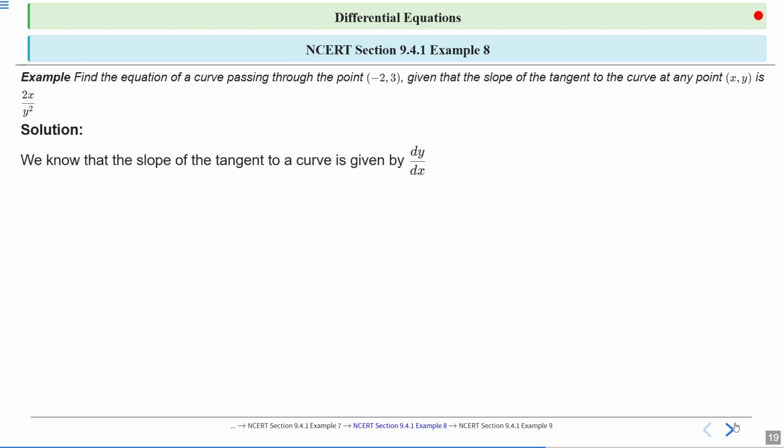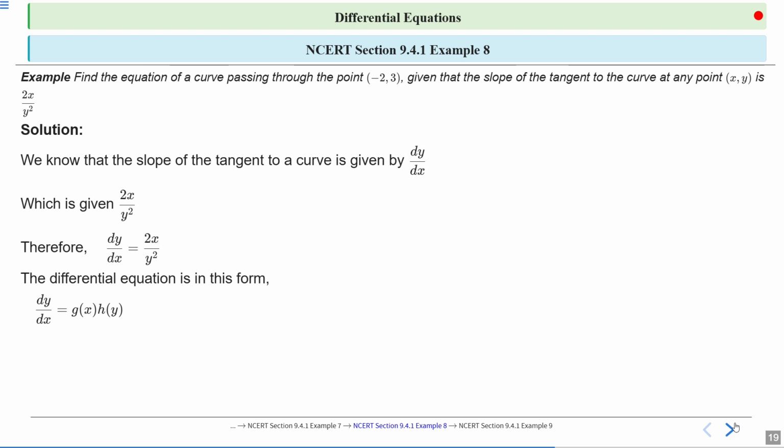We know that the slope of the tangent to a curve is given by dy by dx, which is given as 2x by y square. So from these two statements, dy by dx is equal to 2x by y square, and that is your differential equation.